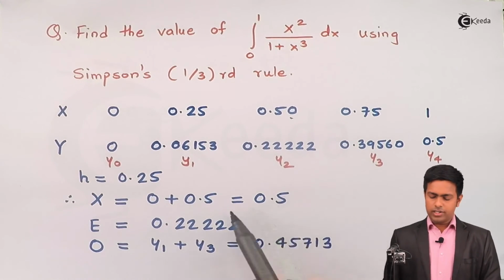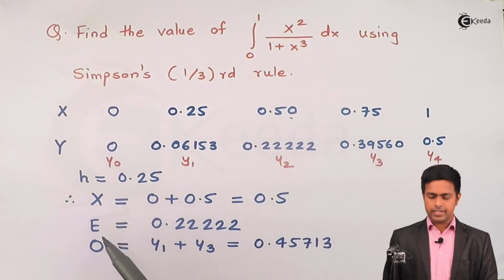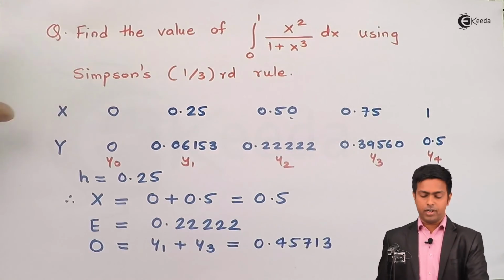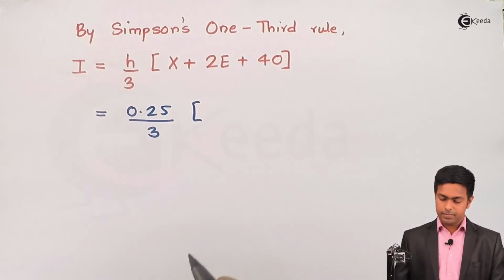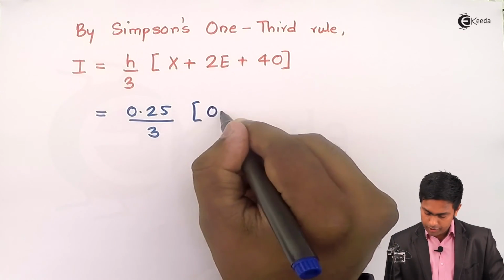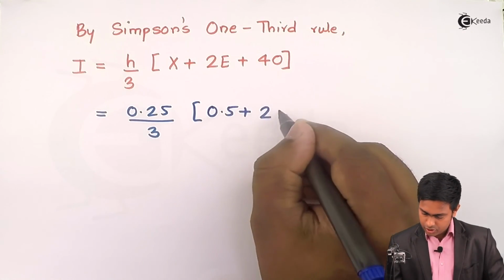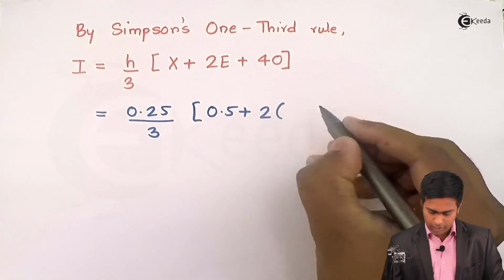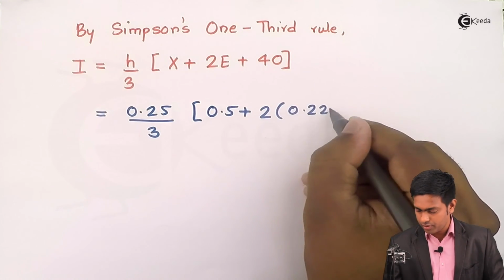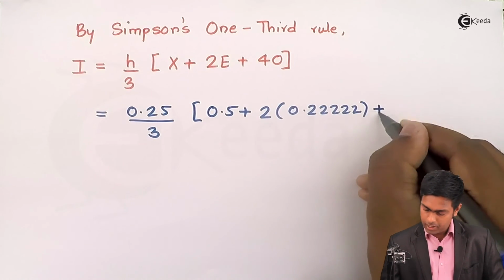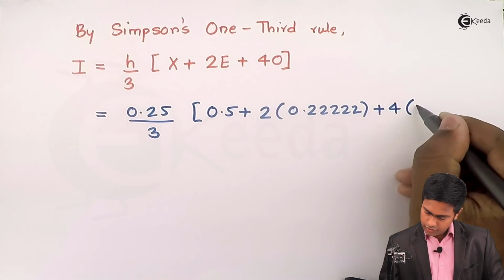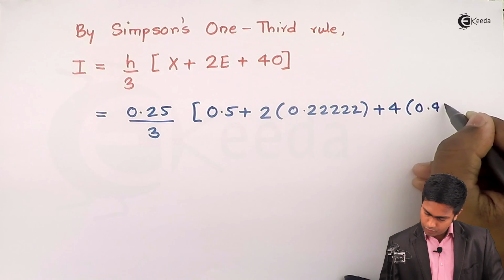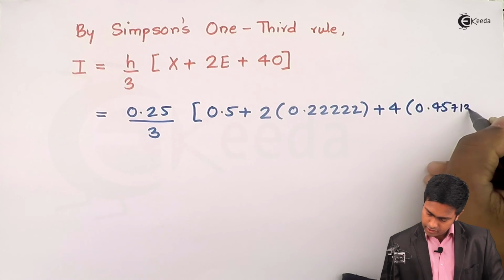After getting all these values of X, E and O, we'll put these values in the formula. So here we get X, that is 0.5, plus 2 times E, where the value of E is 0.22222, plus 4 times O, which is 0.45713.